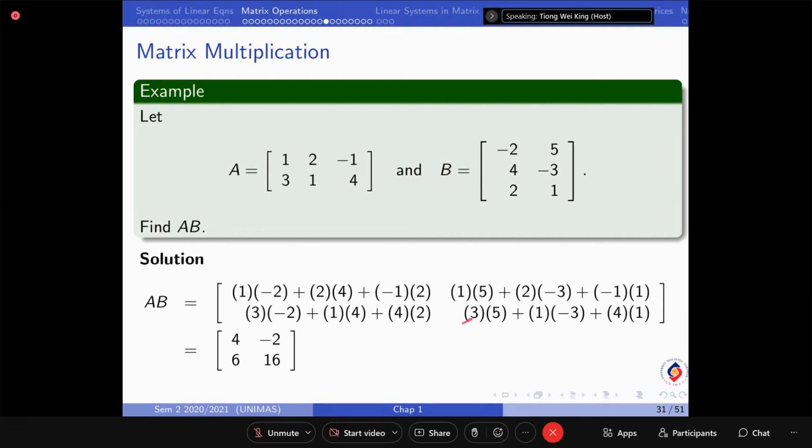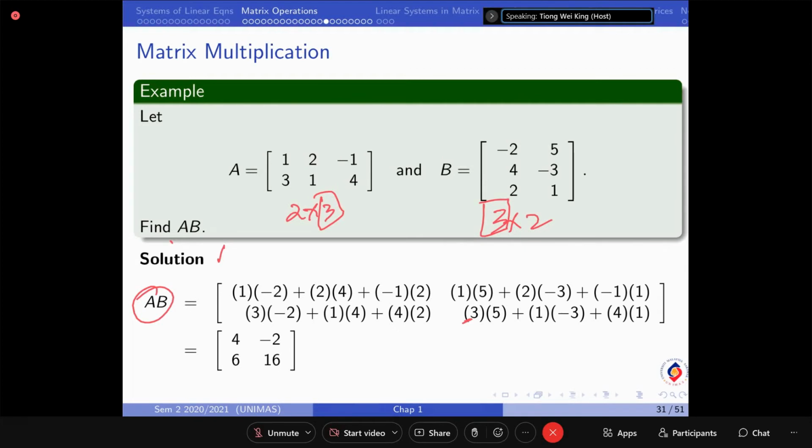The size for matrix A is 2 by 3, and the size for matrix B is 3 by 2. To find the matrix AB, first thing you need to remember is to make sure that these two values are the same. Otherwise, you cannot do the matrix multiplication. Since this is 3 and this is 3, we can confirm do matrix multiplication.